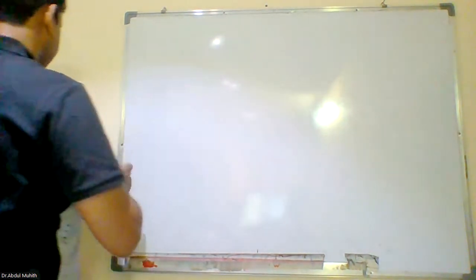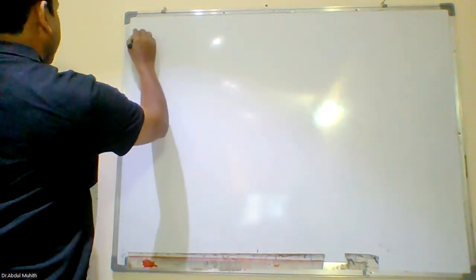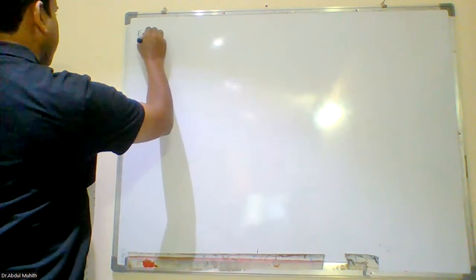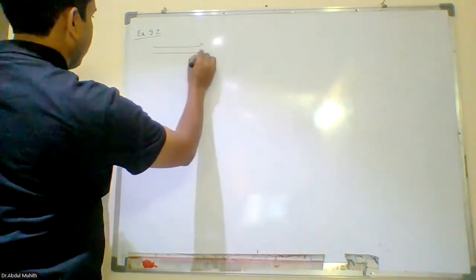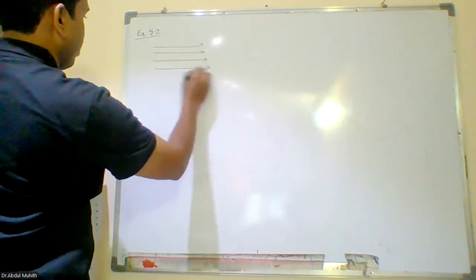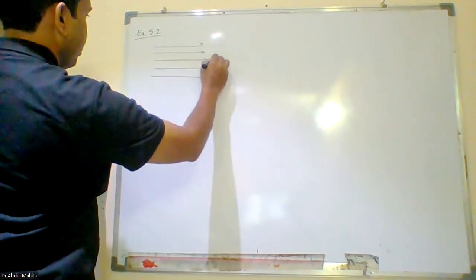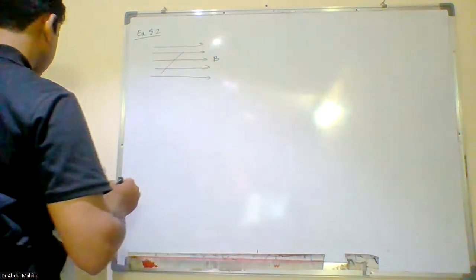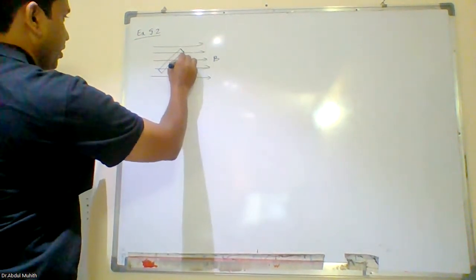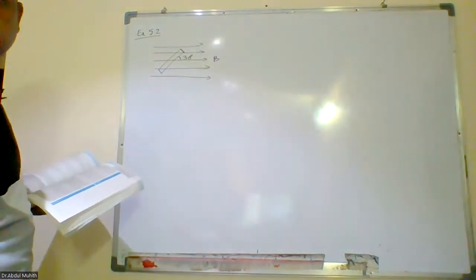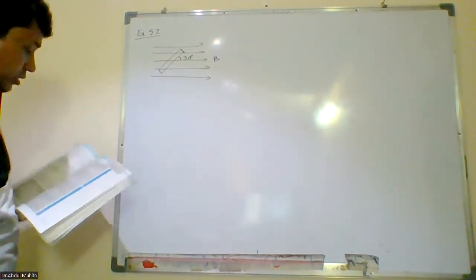Suppose this is the magnetic field B, and this is the bar. The bar magnet is placed at 30 degrees with the axis, like this.